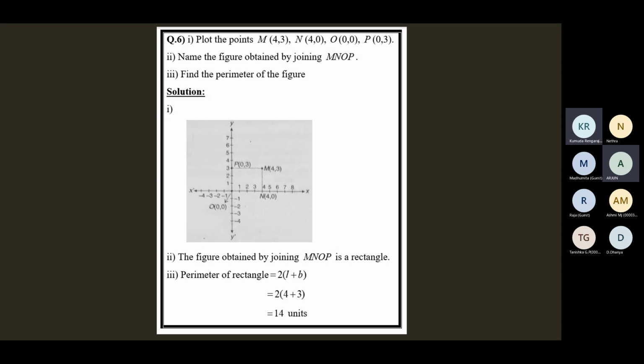And the perimeter is 2 into (L plus B). Length is this one. This is the length. And this is the breadth. Done, children? Understood? Yes, ma'am.